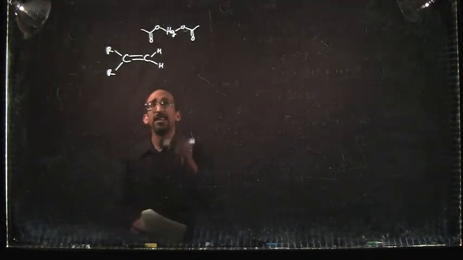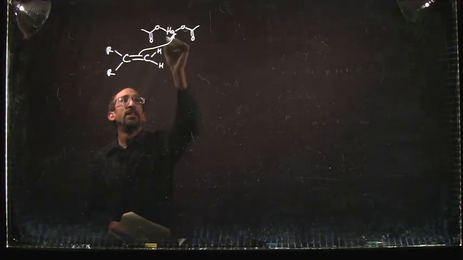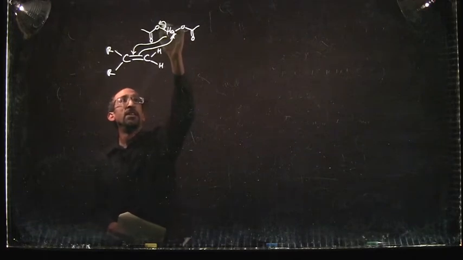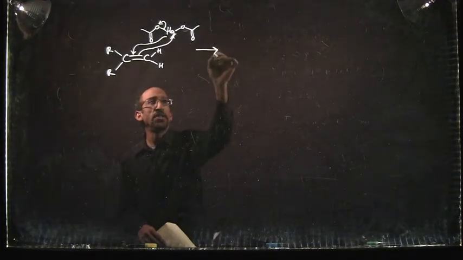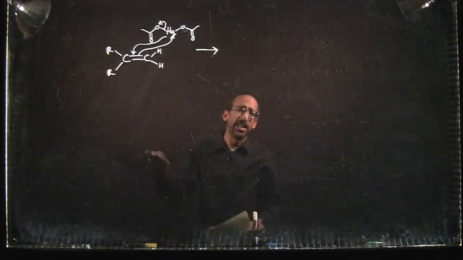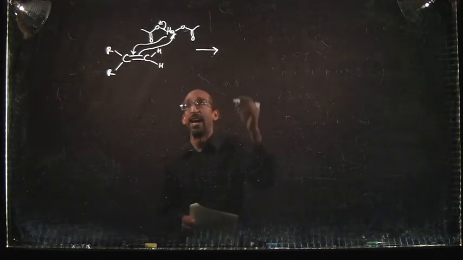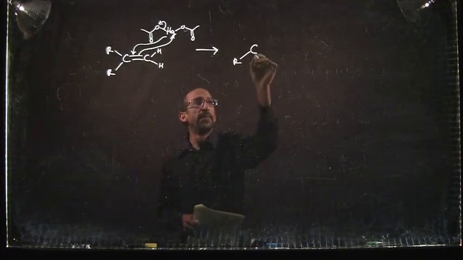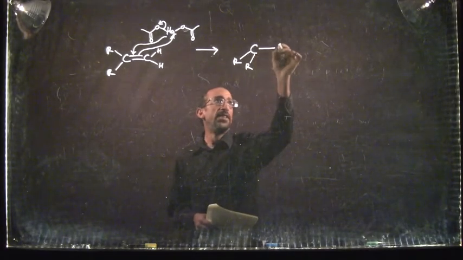But suffice it to say that we have a simultaneous reaction between the mercury losing that acetate, so that the mercury actually forms a cyclic intermediate with this alkene, similar to a protonated epoxide that we've seen in the past. So that set of arrow pushing gives us this intermediate.